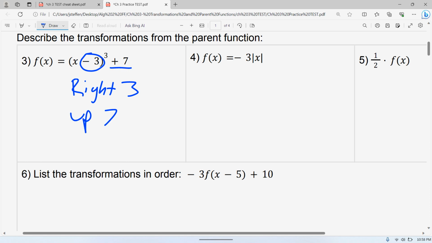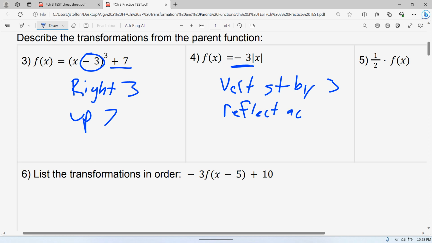So the next one, this one says make sure you do order. And again, if you don't remember, this is the order you do it in. Everything in between these dotted lines is what you do first. Down is last. So in here comes first, so that is right. Then the 3 and the minus, it doesn't matter which order you go in for that one.